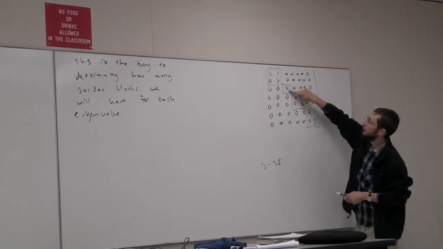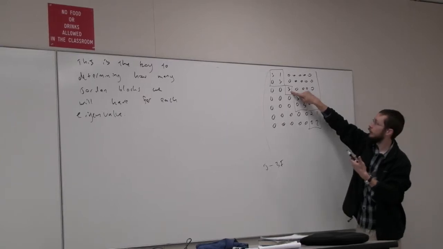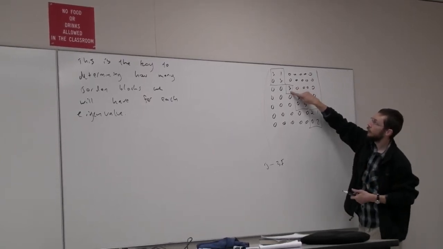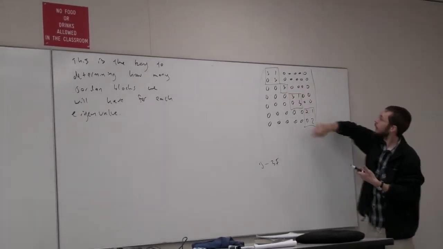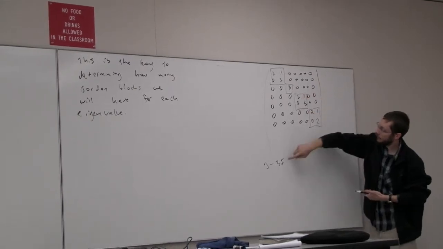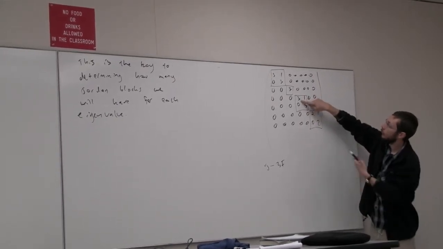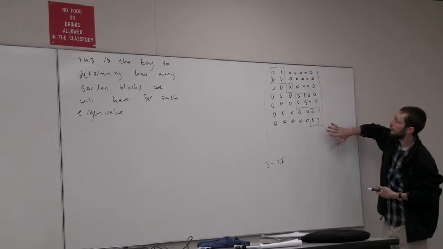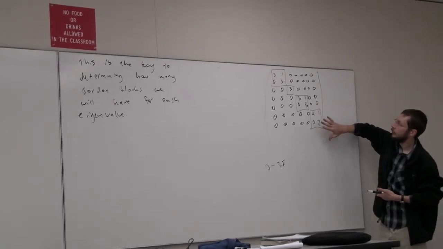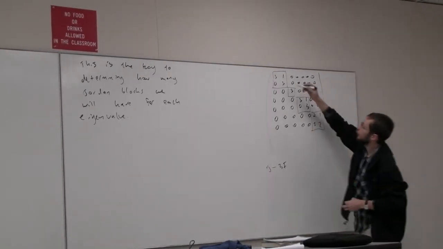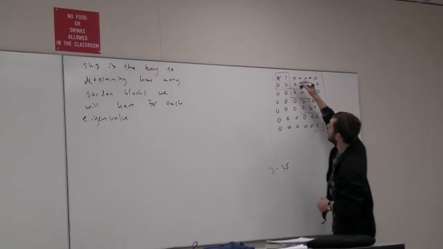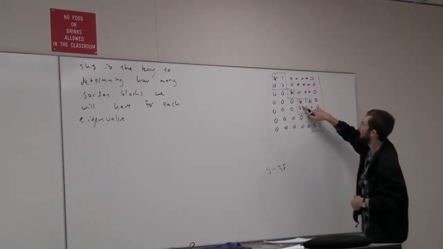Same thing here. This is a pivot in the J, but when we consider J minus 3I, that drops to 0, so we lose a pivot there. This is a pivot in J, and in J minus 3I, that drops to 0, so we lose a pivot there. But all the rest of these things would stay, right? And so we'd lose a pivot there, there, and there.